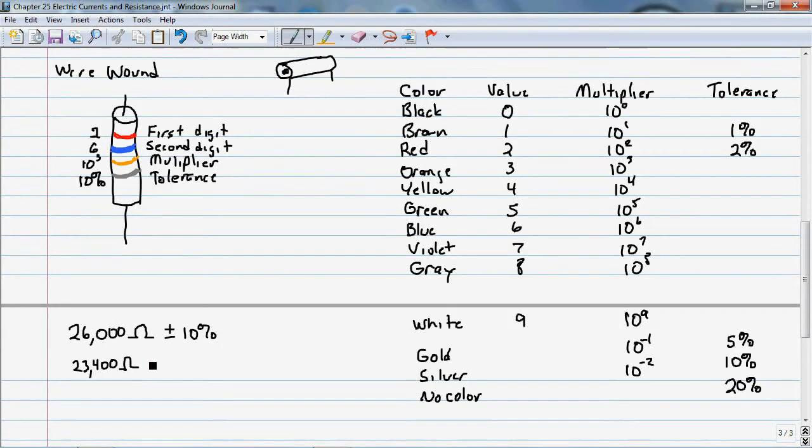And our top range is going to be 28,600 ohms. So what this means is that this resistor is guaranteed to fall within this range. That's how the tolerance works.